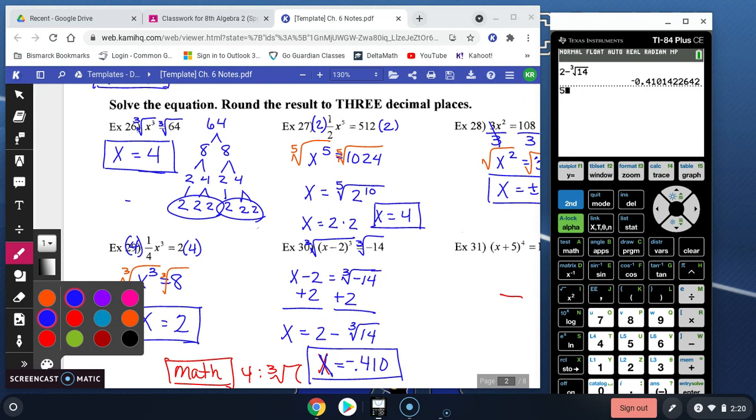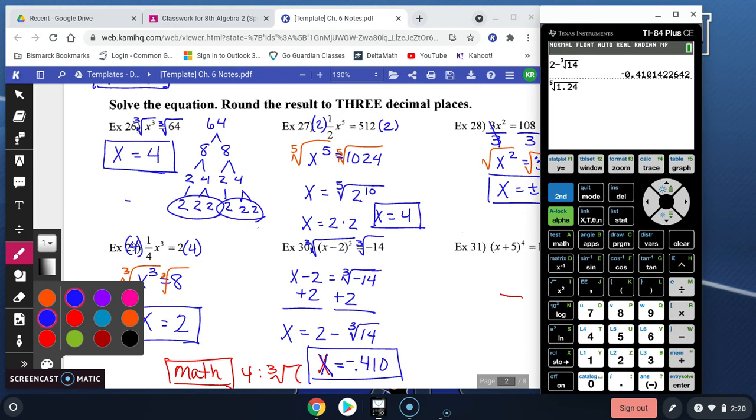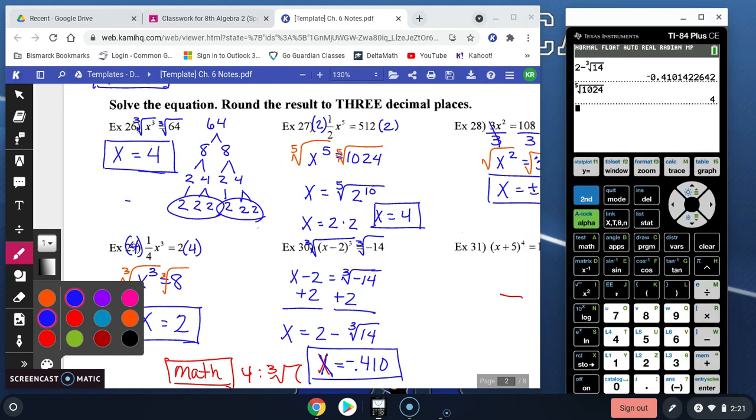So I'm going to say 5, and now go to your math button, use number 5, and you'll see how it uses that number as your root. And then I could go 1024 and enter, and you get 4. Okay, so that is how you use that. Again, it's under your math button right there under that green alpha button.